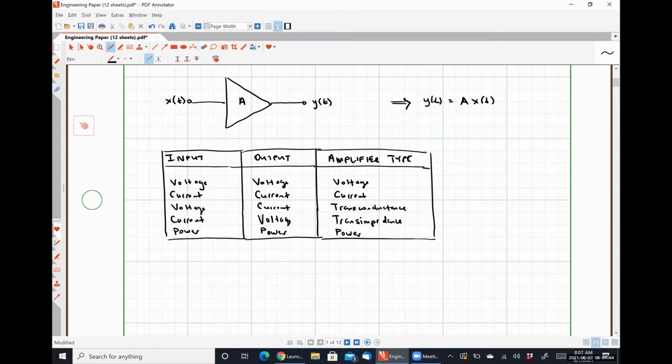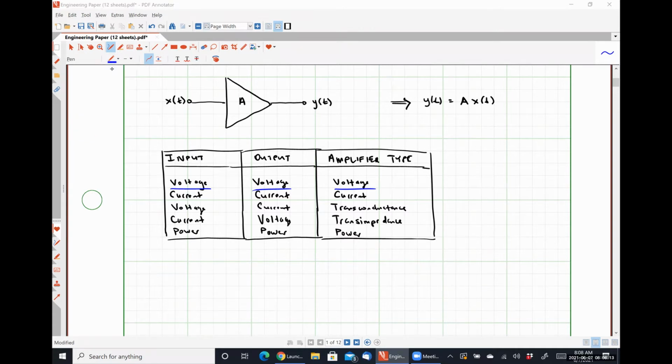All right. In this class, we are going to principally concern ourselves with voltage amplifiers. Not to say that we won't talk about any other types, but the overwhelming majority of the time we're going to be dealing with simple voltage amplifiers. When you get into your analog electronics classes, that's when we start to break everything down to the other types of amplifiers.